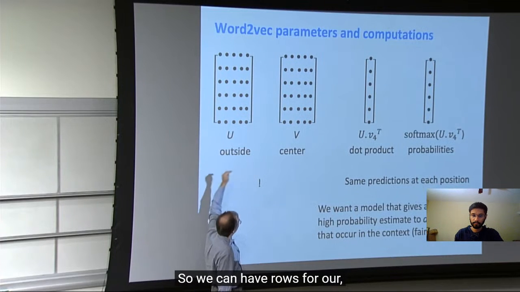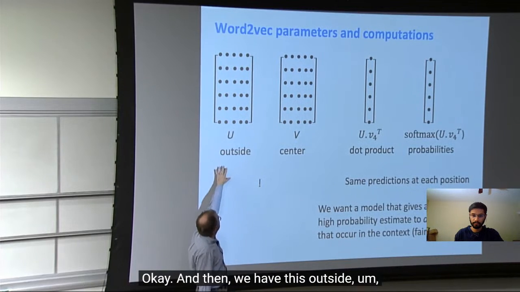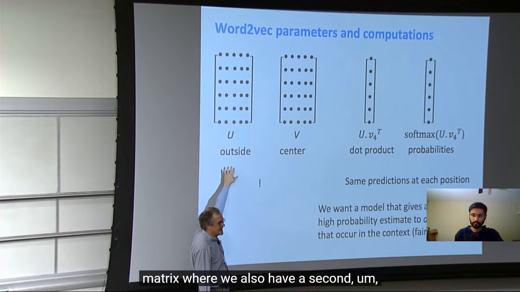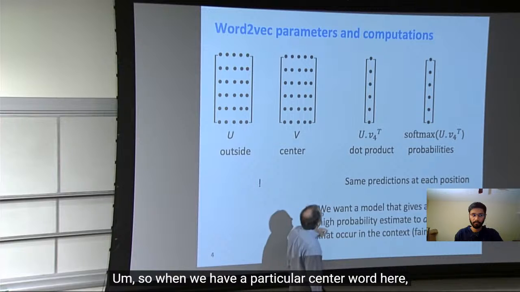So we can have rows for our, so we have 6 words and a 5-dimensional vector each. Okay, and then we have this outside matrix where we also have a second vector for each word, which is this representation in context.